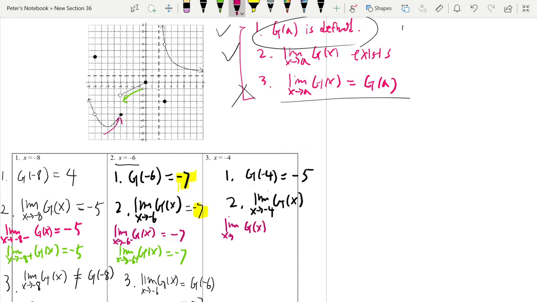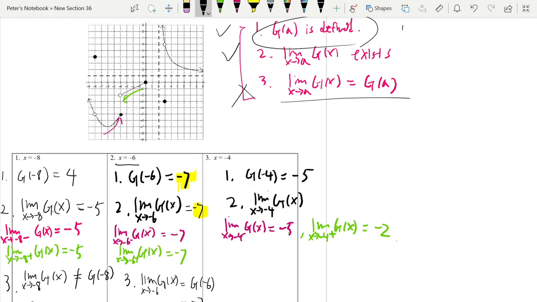So you say the limit of g of x as x approaches -4 from the left-hand side will be equal to -5, whereas the limit of g of x as x approaches -4 from the right-hand side will equal -2. And then they're not equal to each other, which means the limit does not exist.